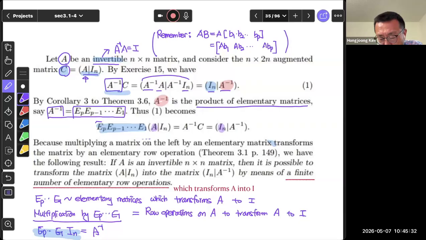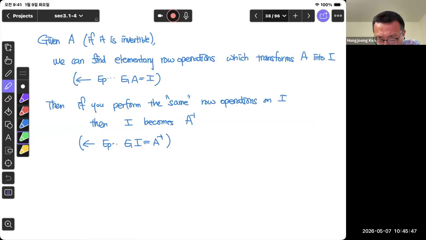If you multiply the same elementary matrices to the identity matrix, it becomes the inverse. So from this identity, I can find some elementary row operations corresponding to E1 up to EP, which transform A into the identity matrix.